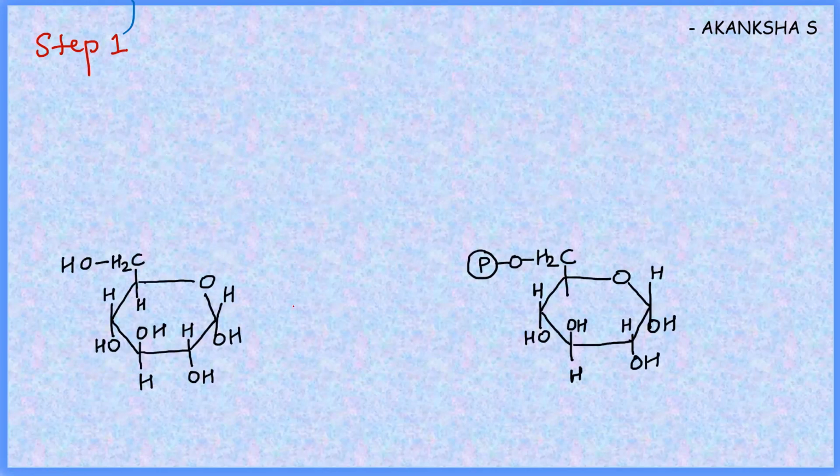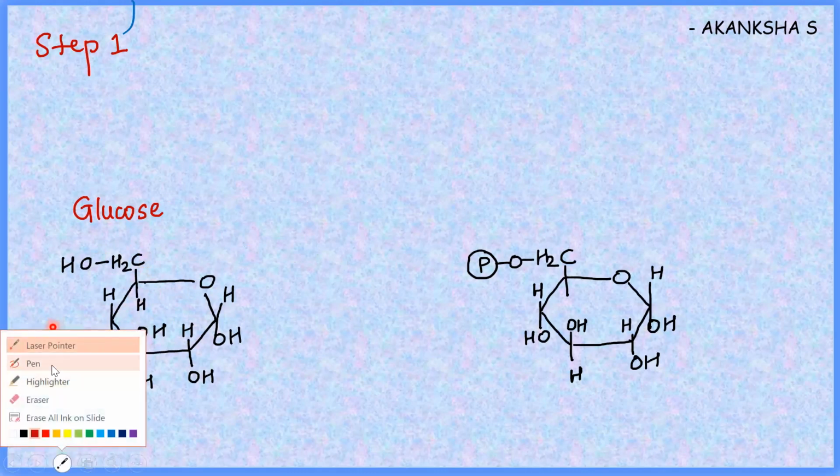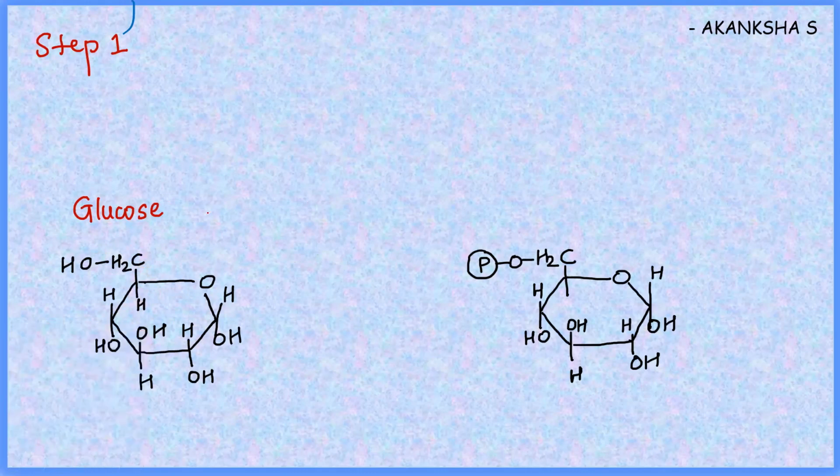Step number 1 is glucose being converted to a compound. We all know how glucose looks, okay? So here we have our glucose. It's basically a 6 carbon ring compound: 1, 2, 3, 4, 5, 6. And this glucose is being converted to, you can see, again a 6 carbon ring compound, but there is a phosphate.